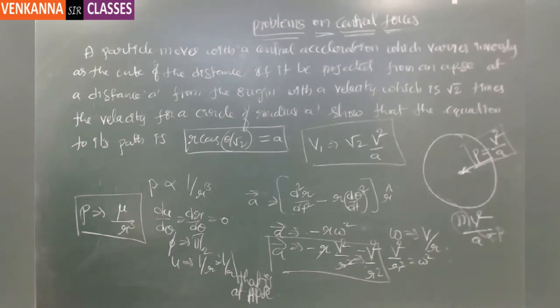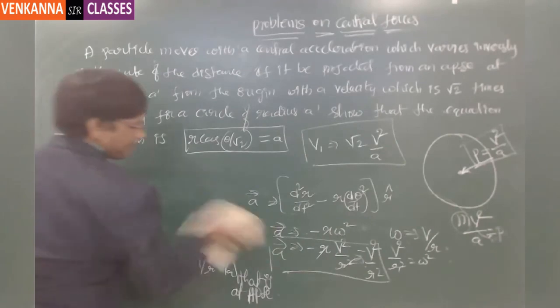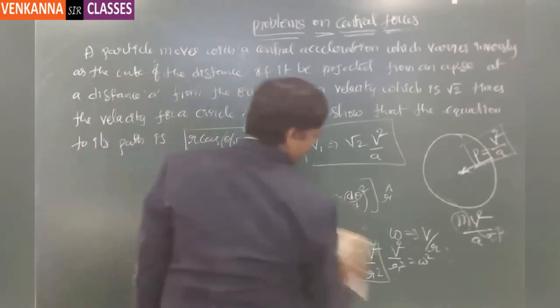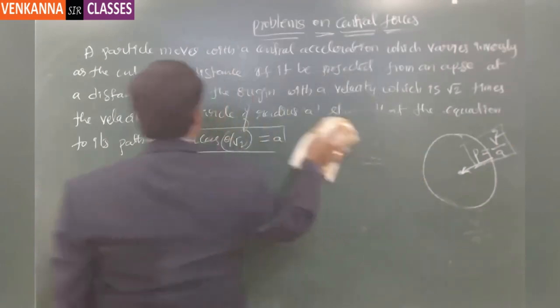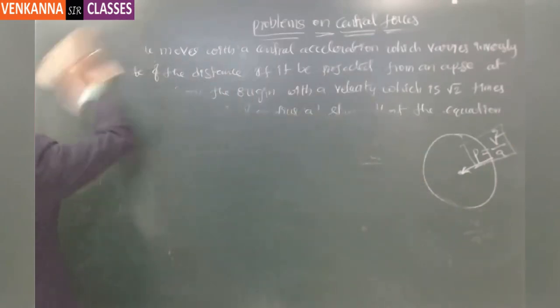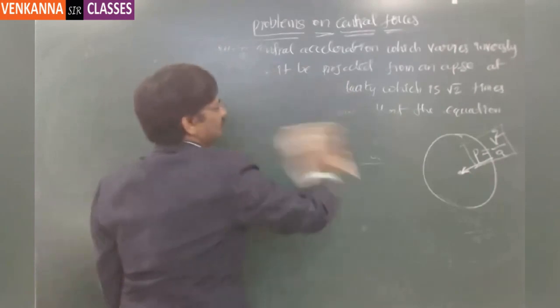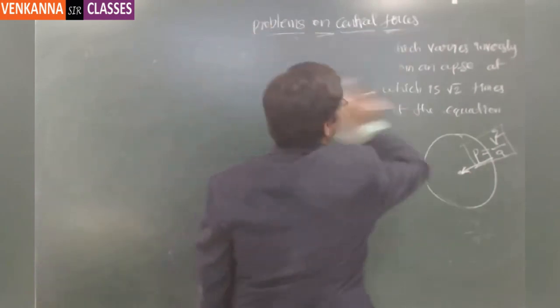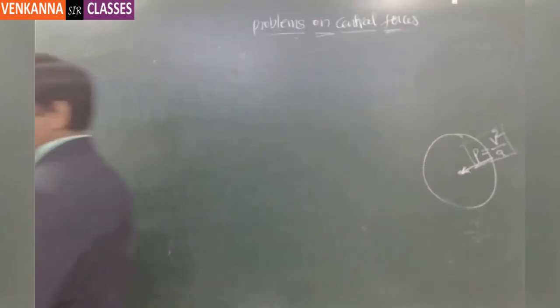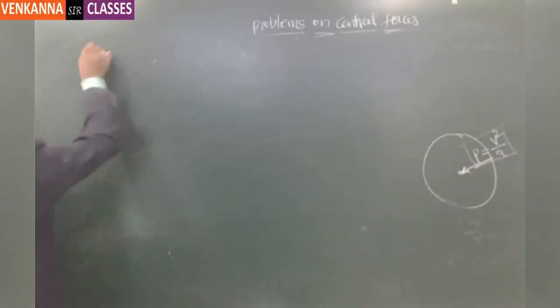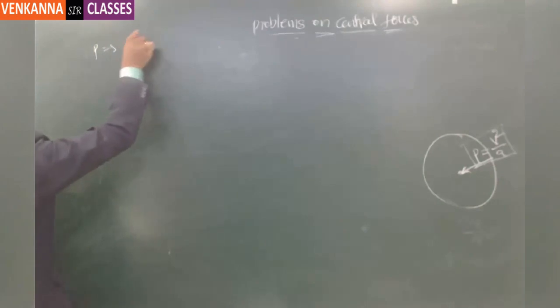Okay, so let us solve this. The acceleration of the particle is given as p equal to mu by r cube.